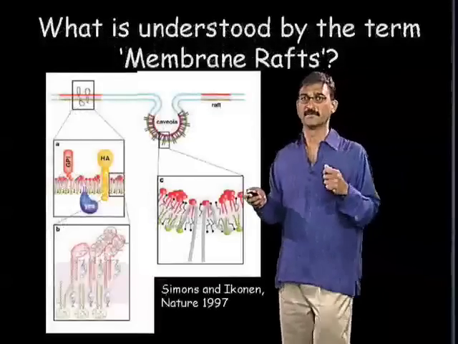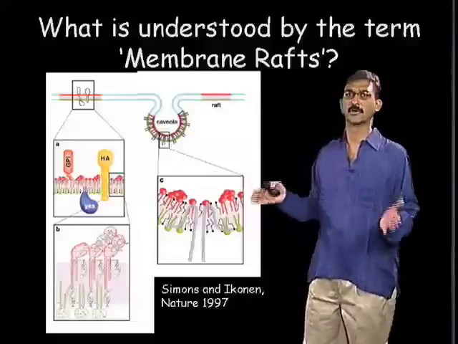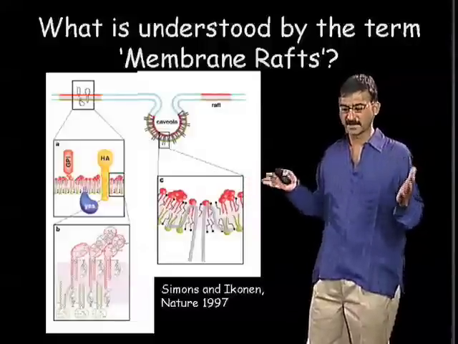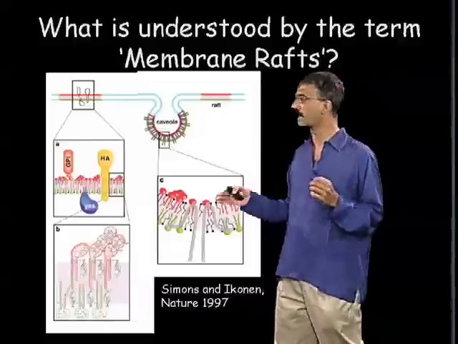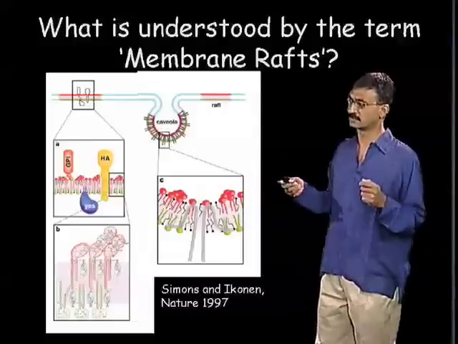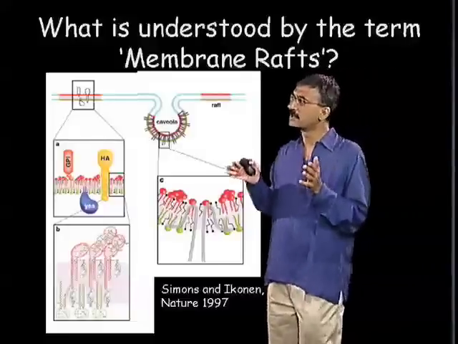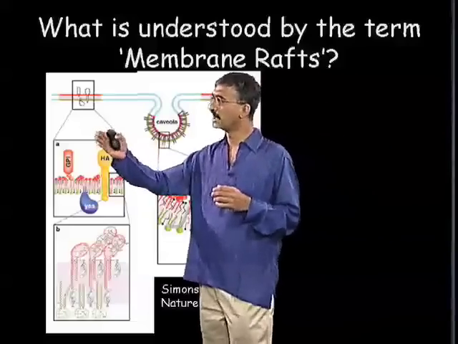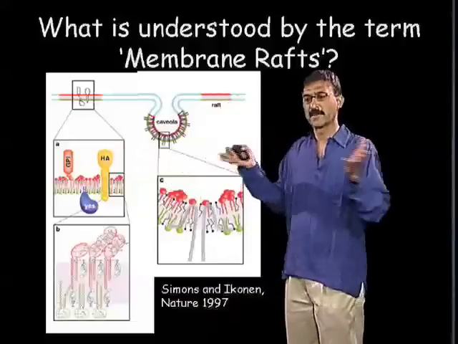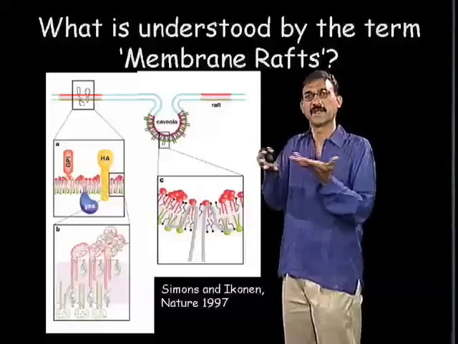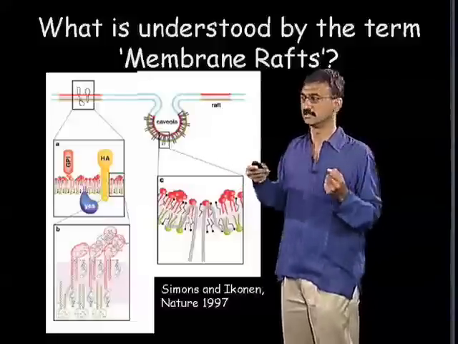So what is understood by the term membrane rafts? Here again, I think it's worth going to a summary or perspective by some of the pioneers in the field. Kai Simons, in a very influential perspective in Nature, proposed that lipid rafts are regions of the cell membrane where cholesterol and sphingolipids can come together and thereby segregate in the plane of the membrane and attract other components to come and concentrate in these regions.